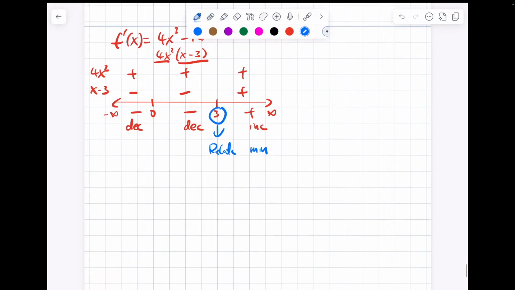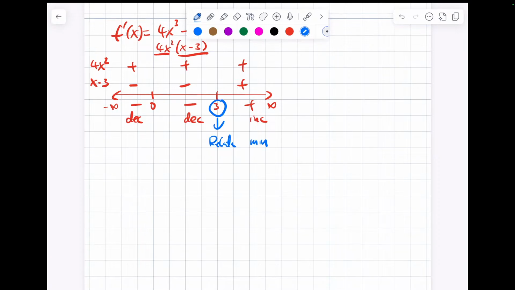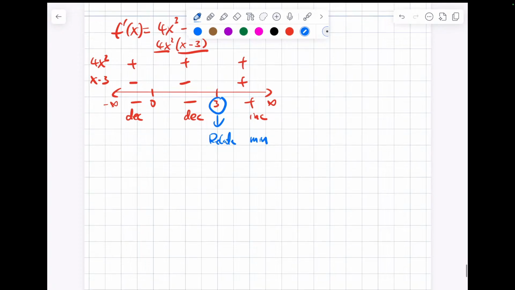All right. So when you have x equal to 3, I will plug into the original function to find out where exactly the minimum is, because I need to sketch the whole graph. So I'm going to plug 3 into the original function.